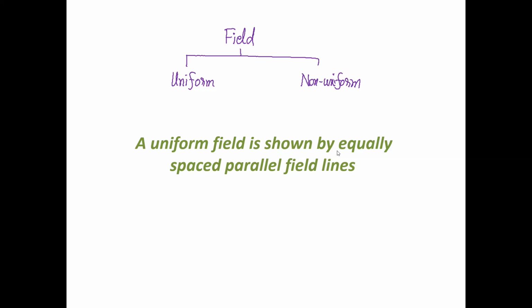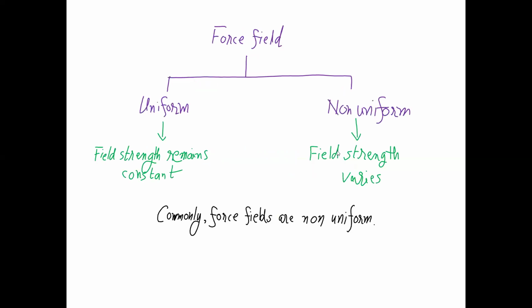There are two types of electric field. There are always two types of every field: uniform and non-uniform. Uniform field means the signal strength is not changing. Non-uniform means the signal strength is changing. Now look at this idea. Field strength remains constant and field strength varies. Commonly, force fields are non-uniform. In our common life, whenever you look at normal applications, mobile signals and Wi-Fi signals, they continuously change. So there are two types of field: uniform and non-uniform.